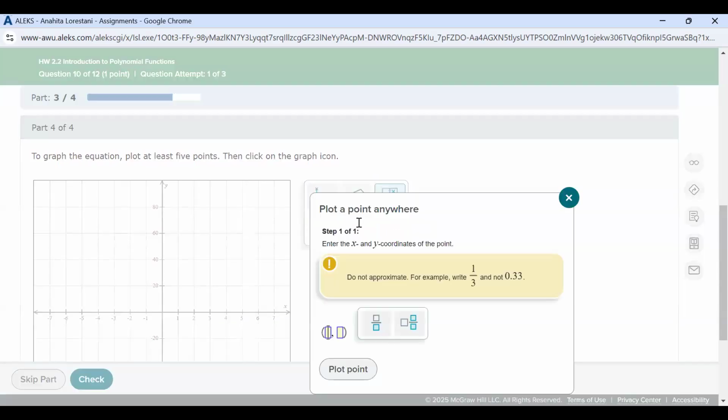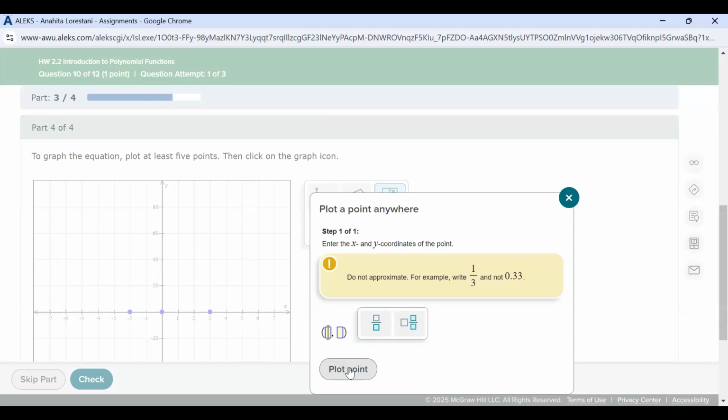Let's put them in. One of the points is -2, 0. That was our x-intercept. So you plot it, and then you plot the next point. The next point, you can put your other x-intercepts, 3, comma 0, plot, and then you have 0, comma 0.